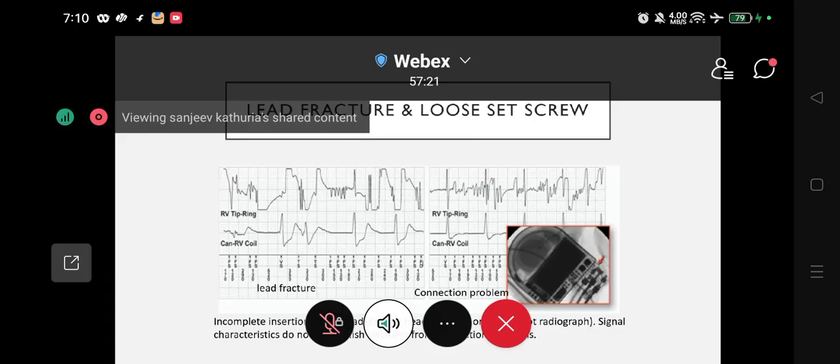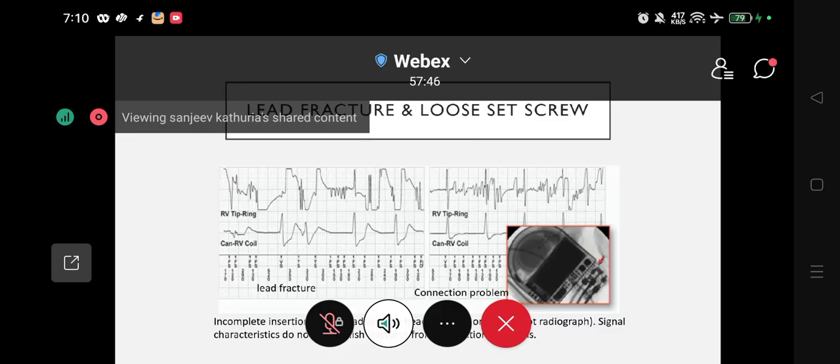Okay. Now let's get to the next step. All of you answer: lead fracture, connection problem. But see, tip to ring is near field, can to coil is far field. Please remember this in your life. Can to coil in this case is, if you see the lead fracture, it is fractured near the tip.